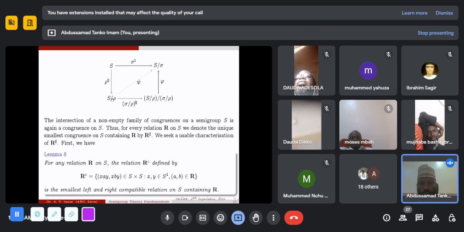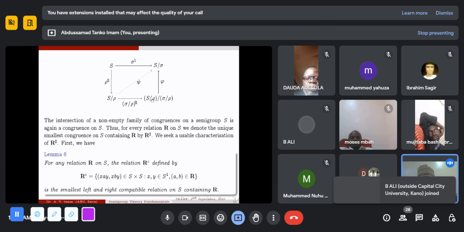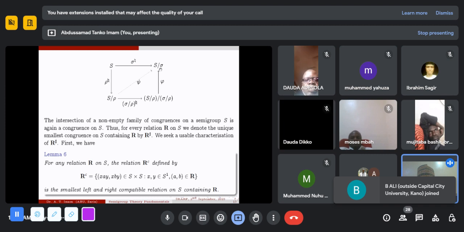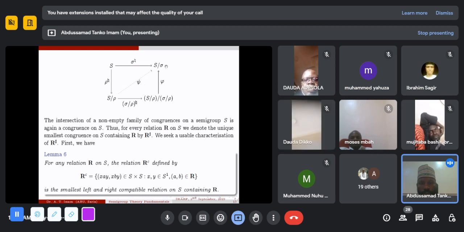So if I apply the first isomorphism theorem, it says there is a monomorphism phi into T, and this is the T here. This is S by sigma, which is our T. So in other words, there is a monomorphism. But we know that this monomorphism will be onto because of the fact that this one is also onto.